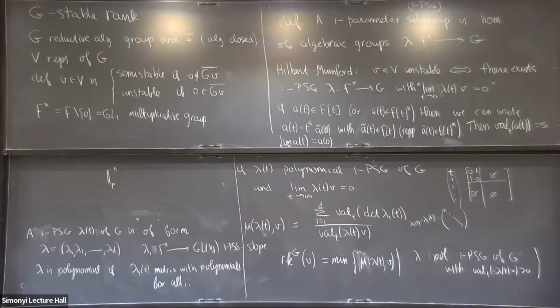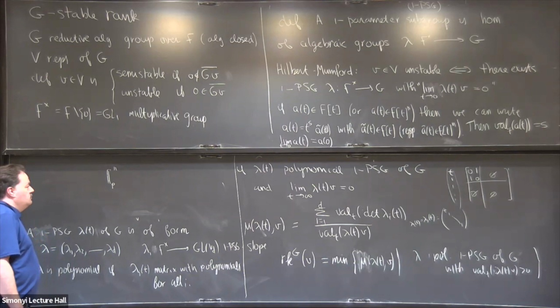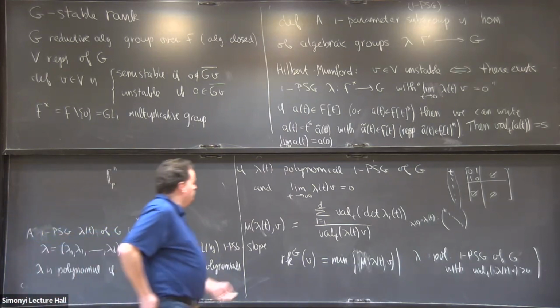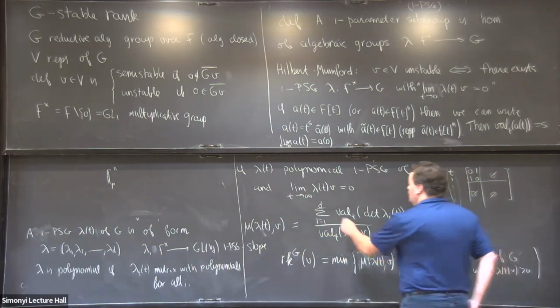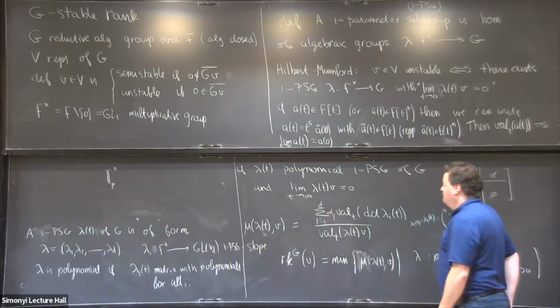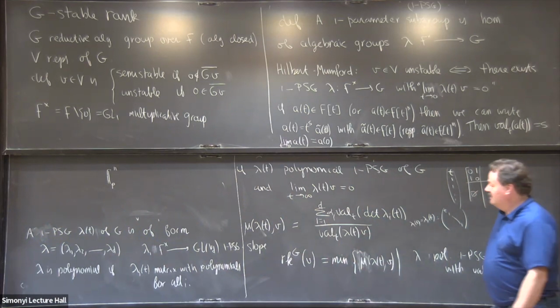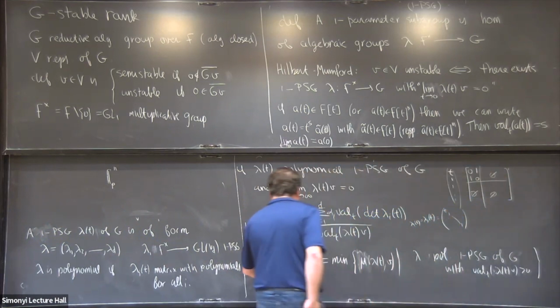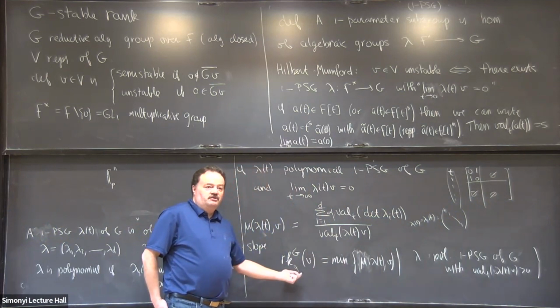Yes. One thing I didn't mention is you could also define G-stable rank with respect to a slope. You put some parameters here, and you could also do that for slice rank. Then you get some kind of G-stable rank with respect to a slope.